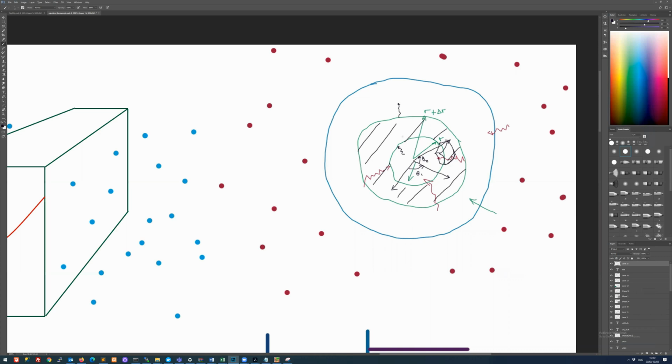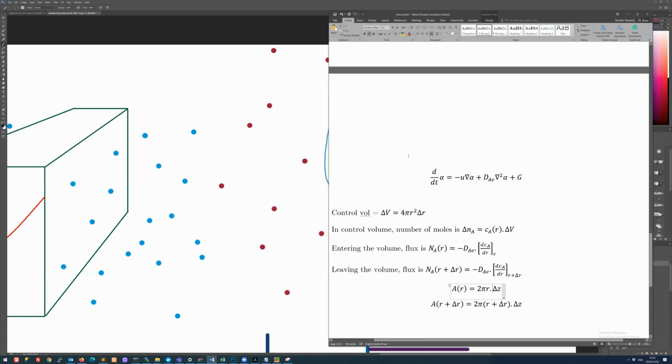For the arriving flux, we need to multiply by the area normal to that flux, and so that's obviously going to be 4 pi r squared, no delta z this time.